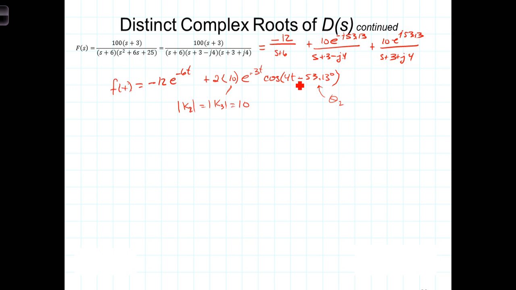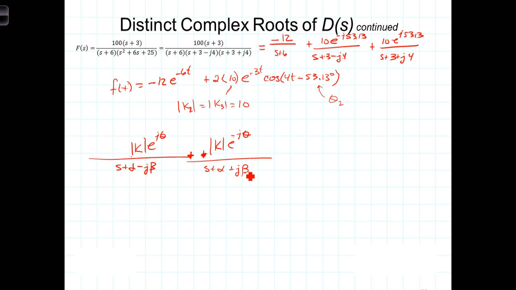So let's look at this. These two terms can be written as magnitude of K e to the j theta over s plus alpha minus j beta plus magnitude of K e to the minus j theta over s plus alpha plus j beta.